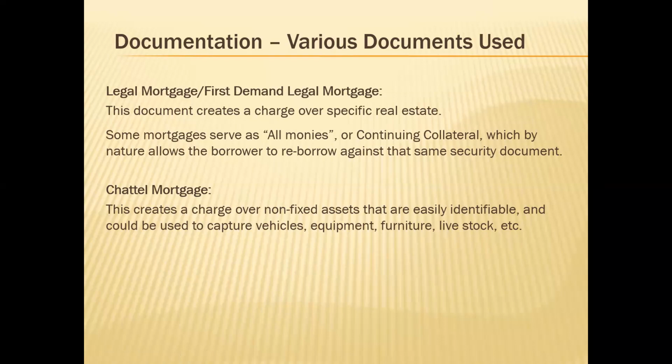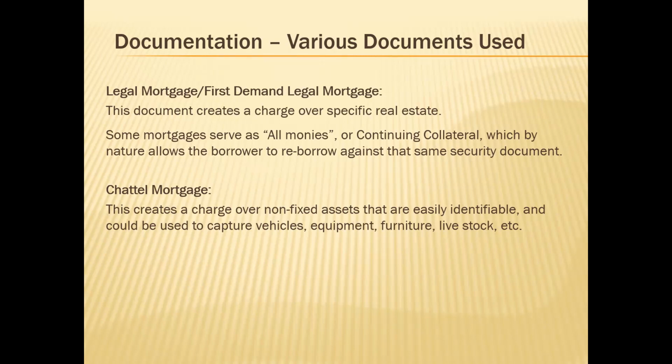What was the last thing you heard me talking about? Where you were talking about the continuing collateral, whereby a person could take out a second mortgage and another institution could take that up. Okay, yes. So with the first demand legal mortgage, a second mortgage or a further charge document would be set up pretty much the same way.